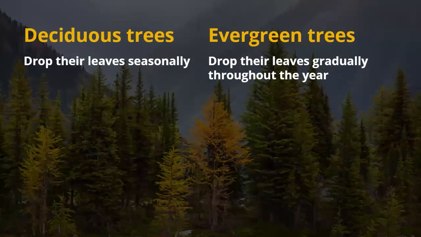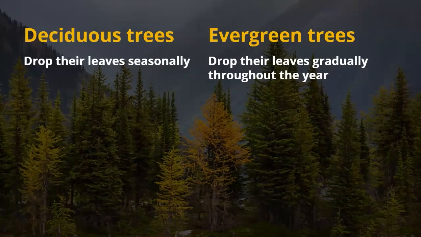We have deciduous trees that drop their leaves or needles seasonally, so they drop them at the end of the year. And then we have evergreen trees that drop their leaves gradually throughout the year. We can have coniferous deciduous trees like the larch that is a conifer that drops its needles.